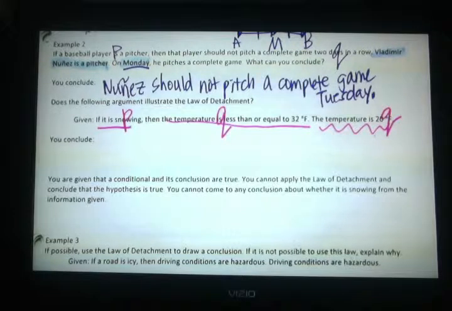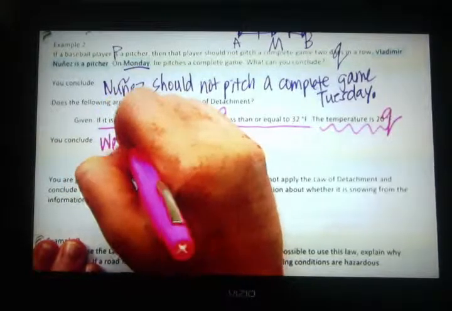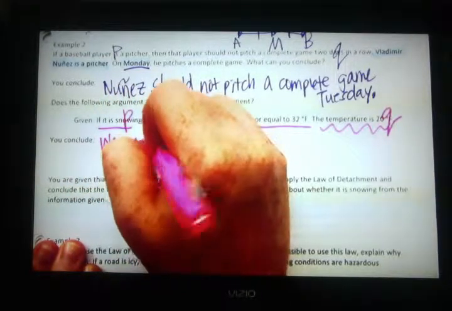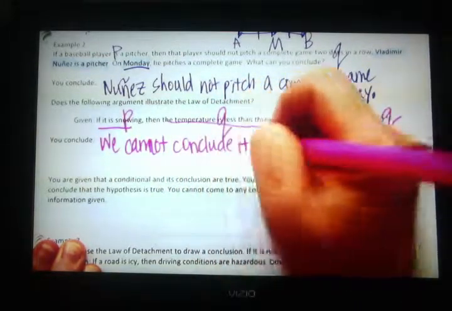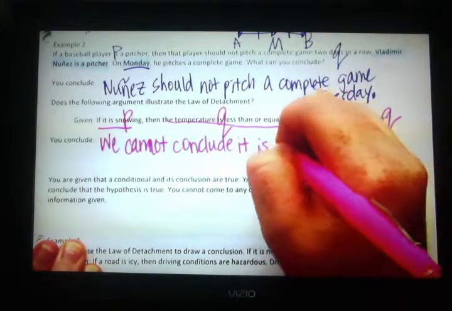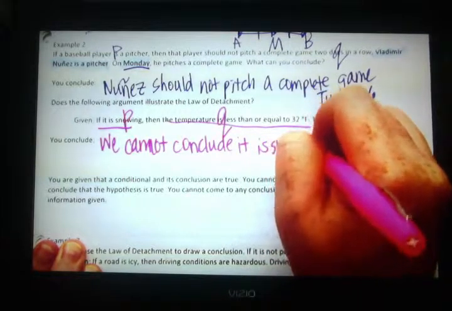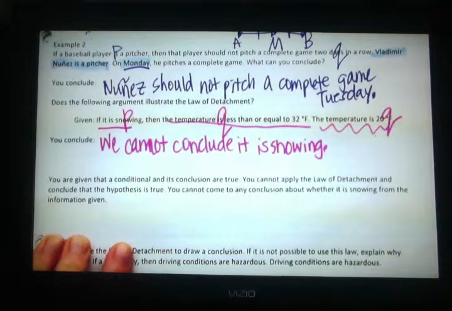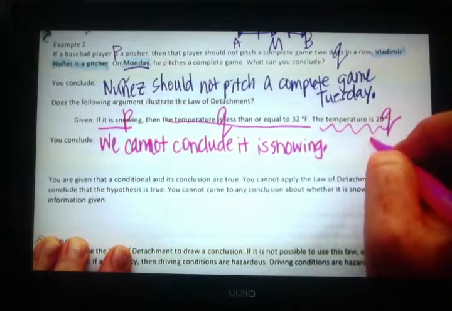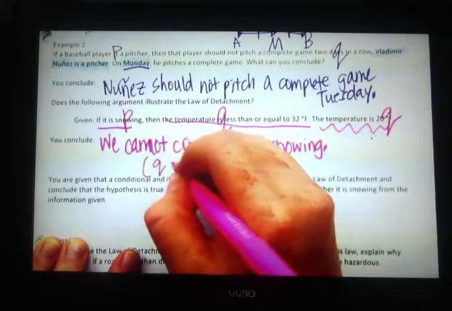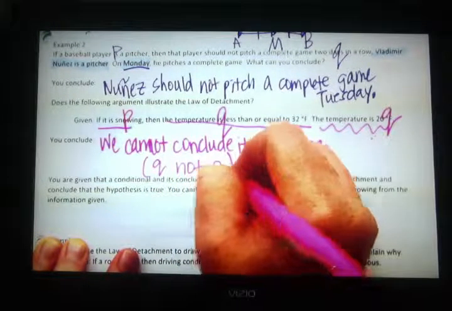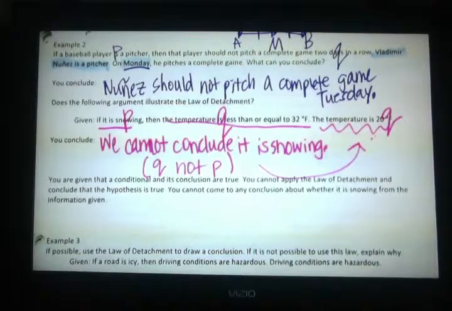It can definitely be 20 degrees outside and not snow. Okay? So we cannot conclude it is snowing. Okay? And that's because we were given a specific conclusion, not hypothesis. This came from Q, not P. Okay?